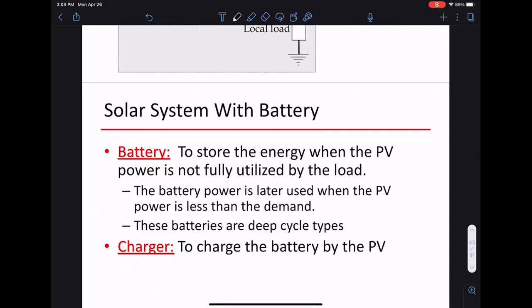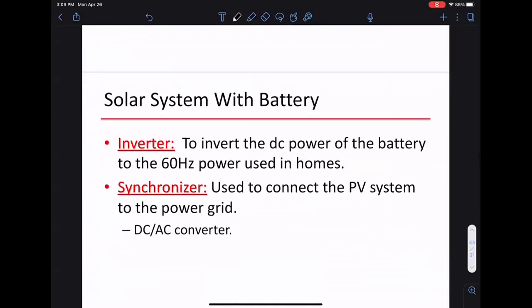So if you have a battery, you charge and discharge it to power the load. And then what you always need is an inverter. You always need an inverter to convert DC to AC power. And often you need to synchronize that to the grid waveform.